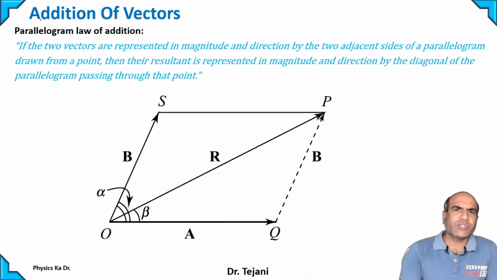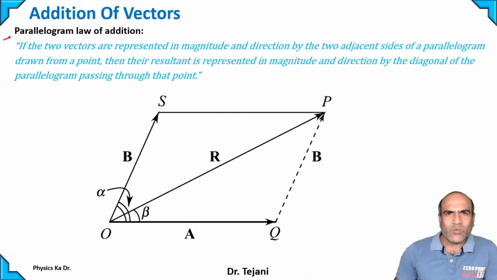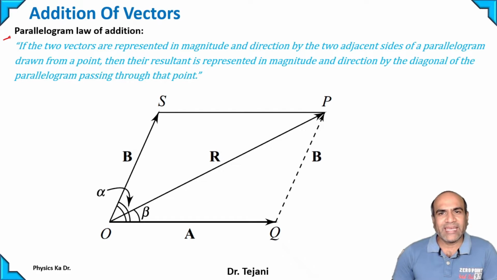In the addition of vector, there is one more law that is known as parallelogram law of addition. What it stands? If two vectors are presented in magnitude and direction by two adjacent sides of a parallelogram drawn from a point, then their resultant is presented in magnitude and direction by the diagonal of the parallelogram passing through that point.